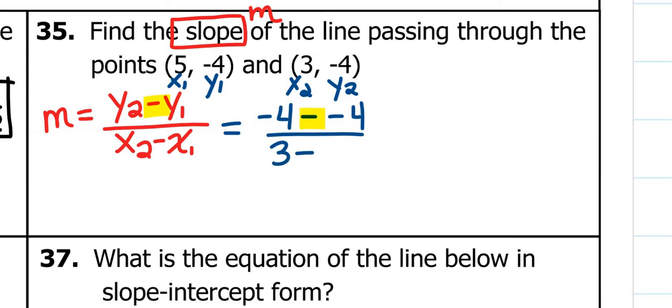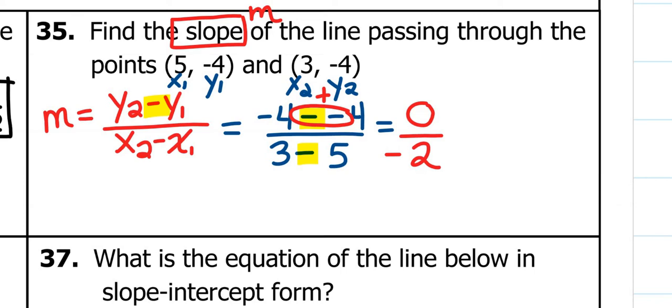I always put the minus before I look at my point so that I don't forget it. And the x1 is 5. So 3 minus 5. Let's go ahead and simplify this. The two negatives make a positive. So it's -4 plus 4, which gives me 0 over 3 minus 5, which is -2.